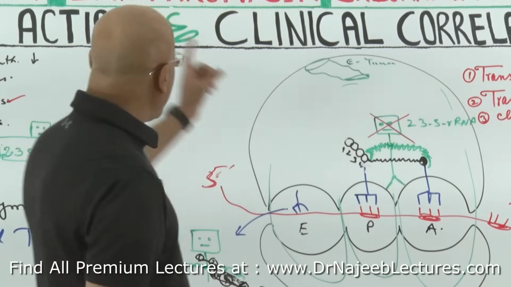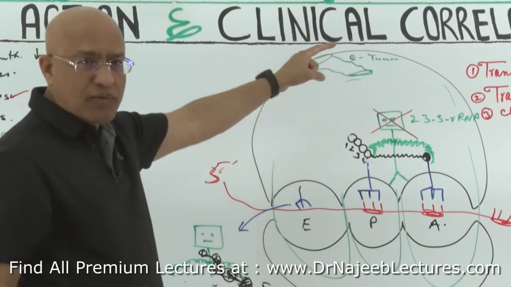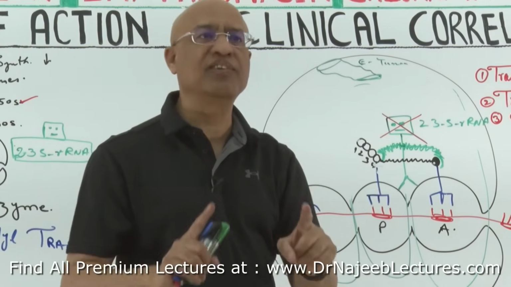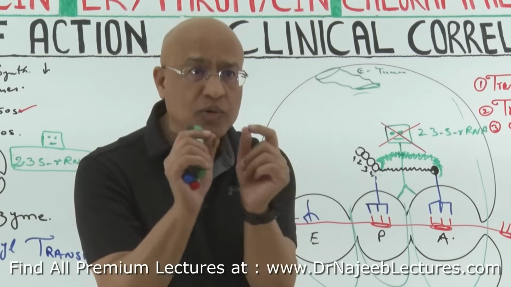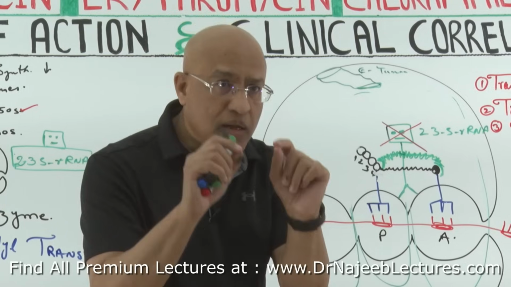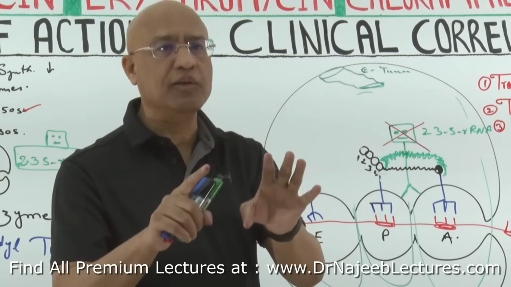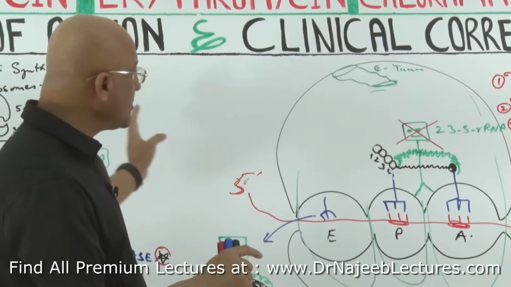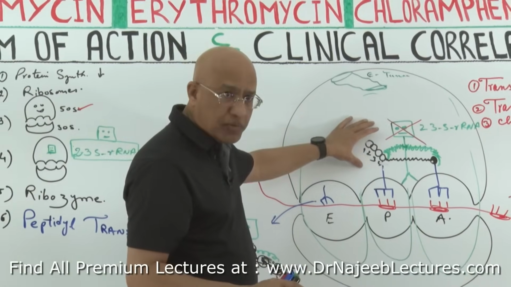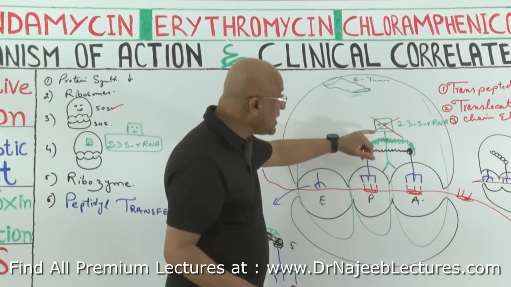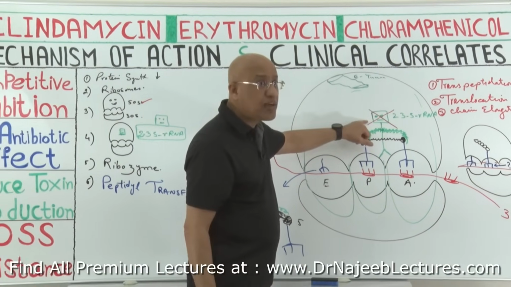Again I will repeat. All three of them, first, this is the last common step. After that, I will tell you how these drugs differ in their mechanism of action. But all of them up to now have everything common. All of these drugs basically act on the 50S subunit.